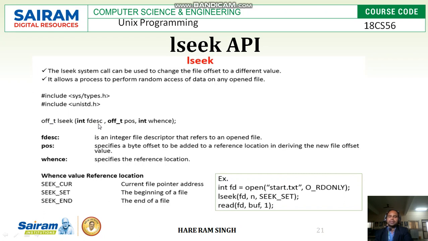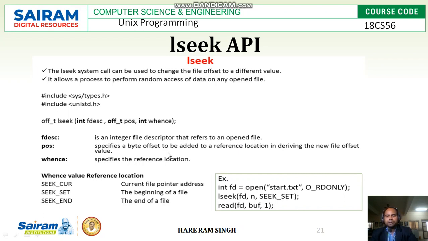For example, off_t lseek, integer file descriptor, comma off_t pos and integer whence. The file descriptor is an integer that refers to an open file.